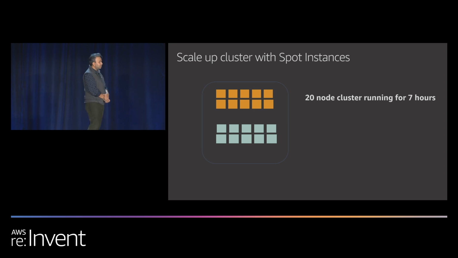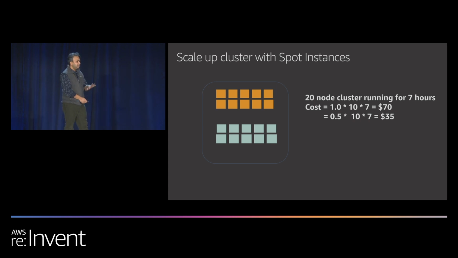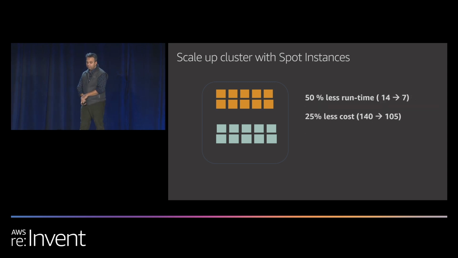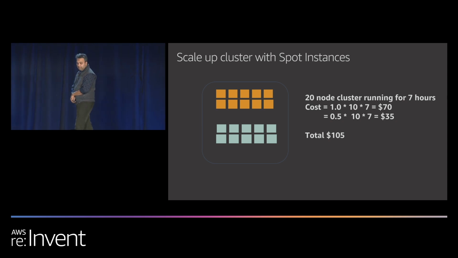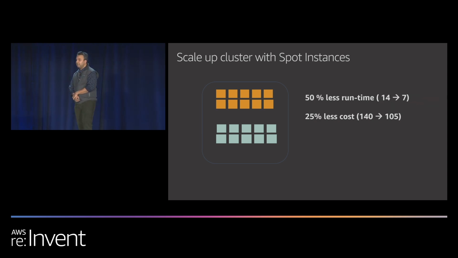So I have a 20-node cluster now running for 7 hours. Remember, the first 10 nodes are on-demand nodes, those are at $1, and the other nodes are Spot nodes. Let's say the Spot node is something around a 50% discount, so they're at 50 cents. So the total cost of this cluster reduces to about $105. So what you have done by adding Spot and scaling up your job is 50% less runtime and 25% less cost.